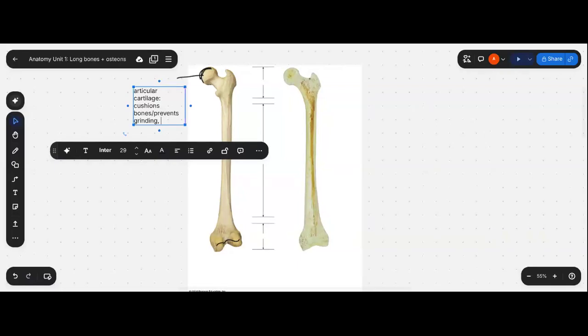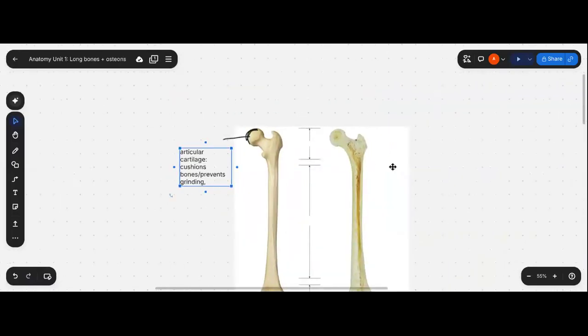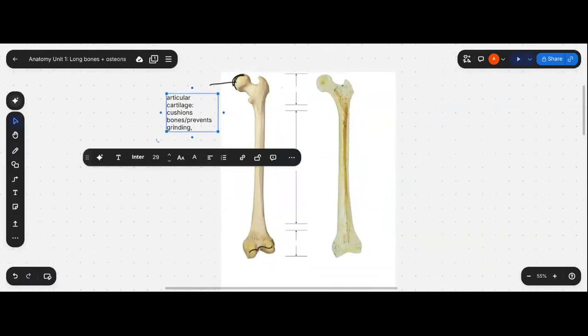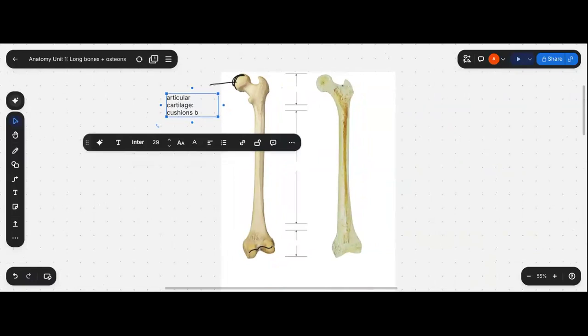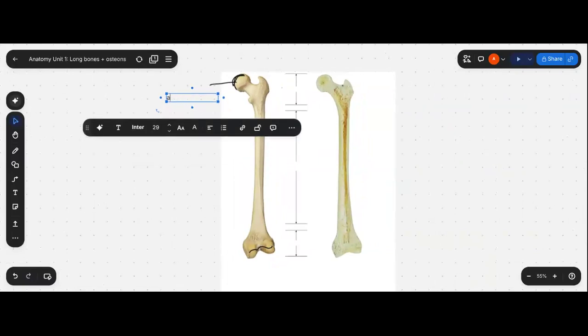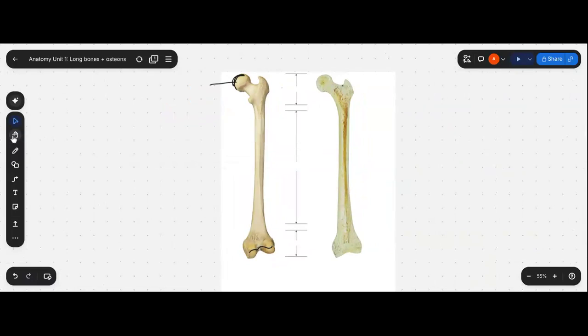Next, we are going to transition into this diagram over here, which shows a picture of a long bone. I'm going to start off by drawing the different sections. For a long bone, you have three distinct sections.